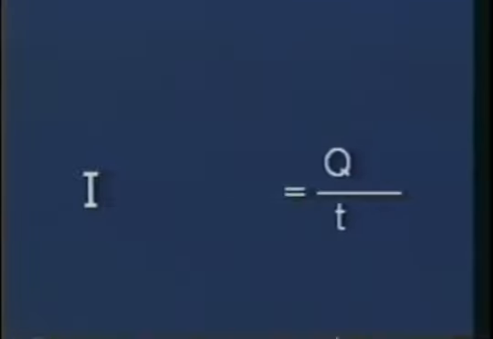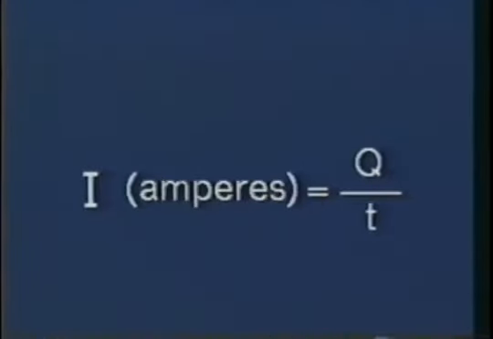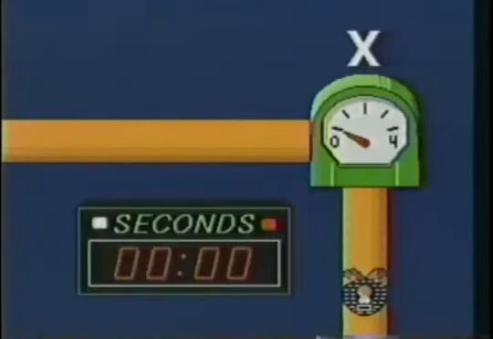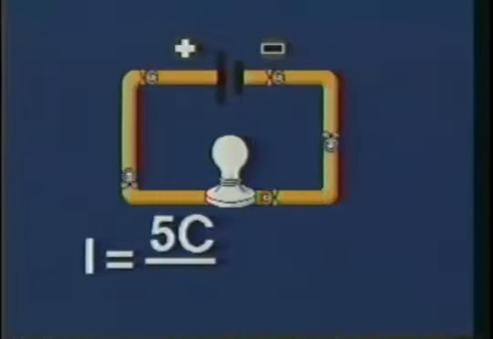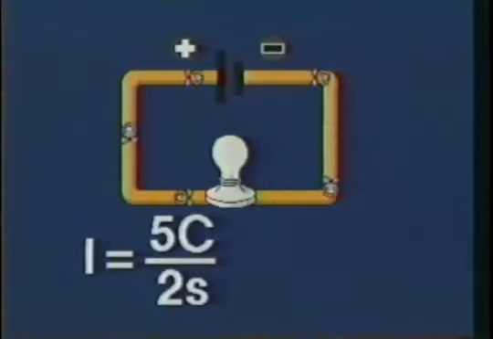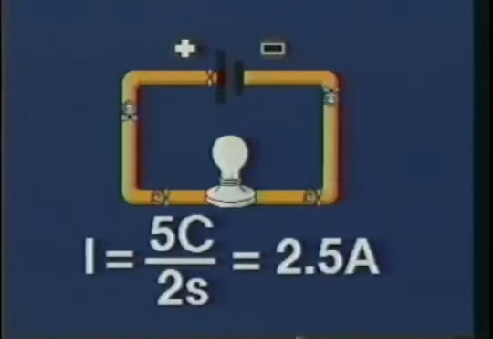Coulombs per second are called amperes. If in our circuit 5 coulombs pass by point X in 2 seconds, we can calculate the current by dividing the charge of 5 coulombs by the time 2 seconds to give us 2.5 amperes.